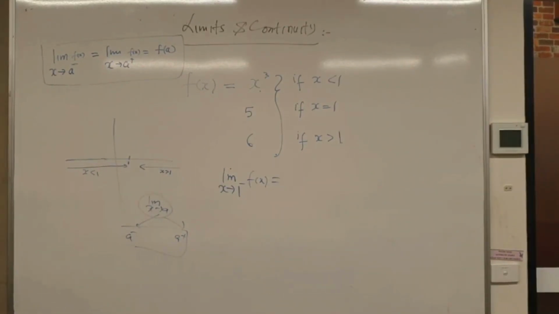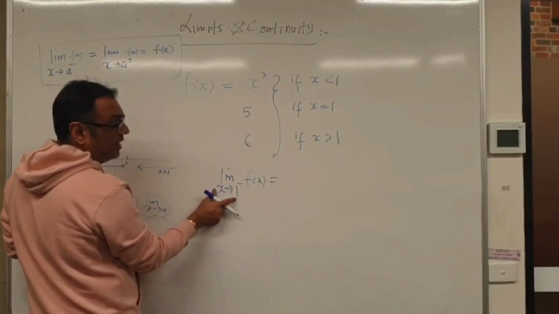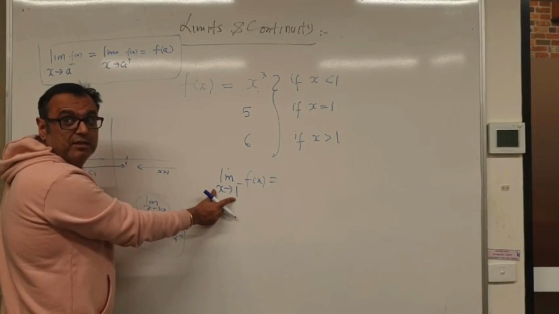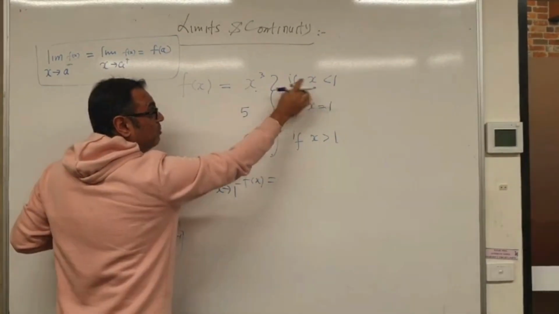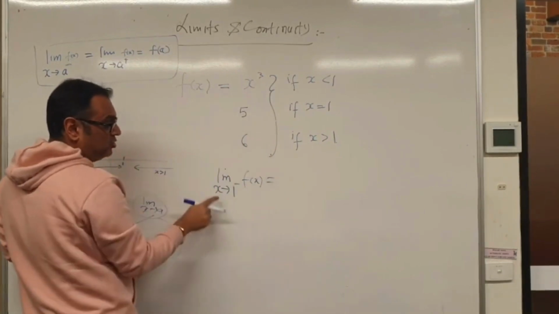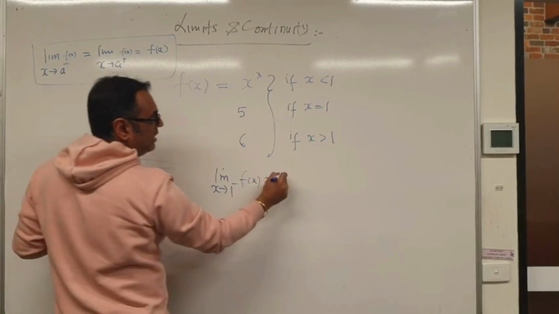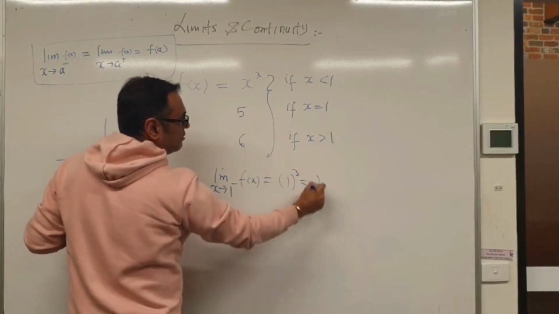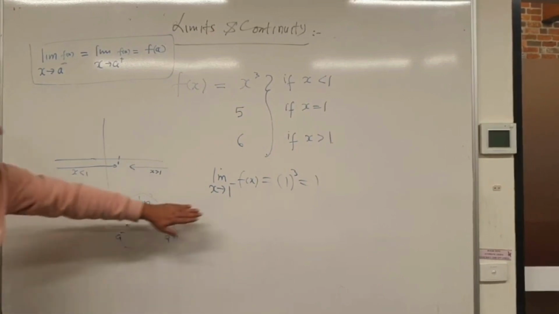Romel, what will be f of x? You plug in 1 in your left limit condition, which is your left limit domain. Correct? So you plug in 1 here because you're talking about the negative limit. So you will say 1 cubed, which is 1. Yes, Ayushka? That's your left limit.